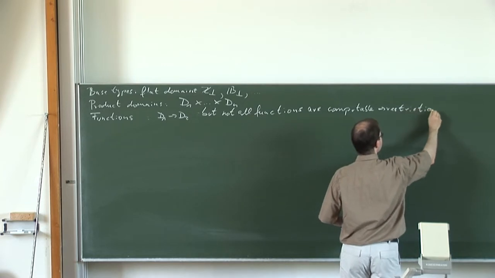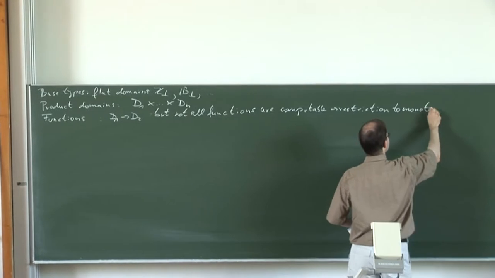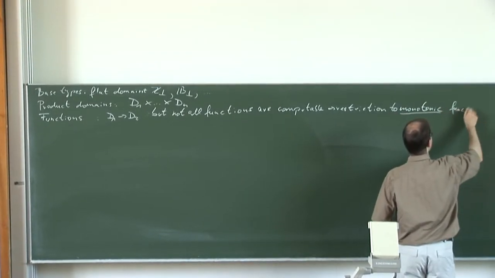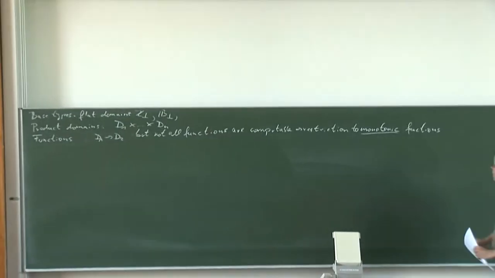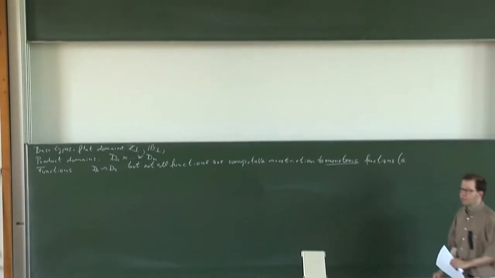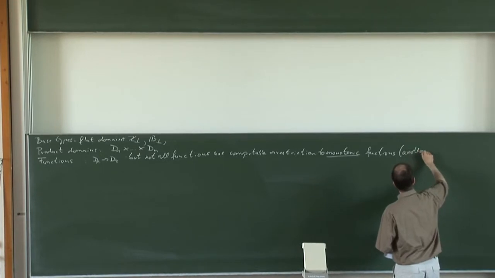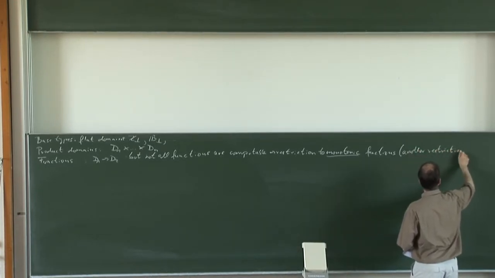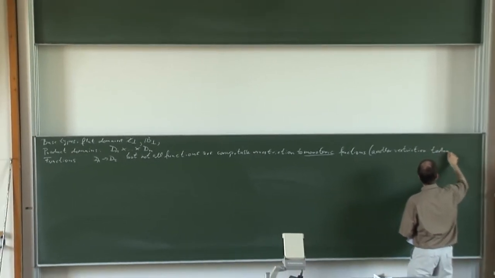So we restrict ourselves to monotonic functions. And we will see another restriction today. So even the monotonic functions are too many, so we will do another restriction today. Namely, we will restrict ourselves to continuous functions. But we will see this later.